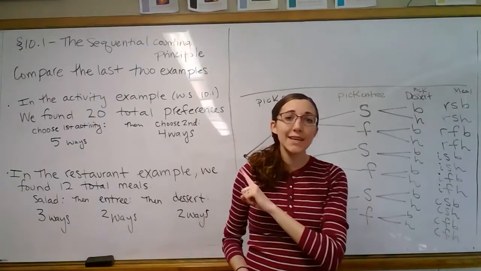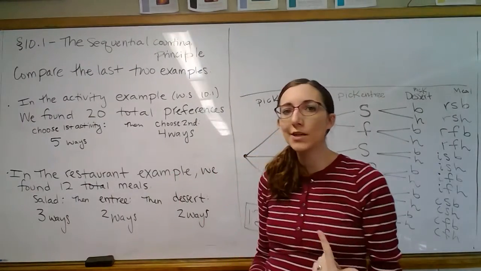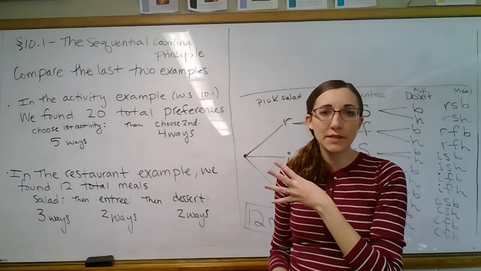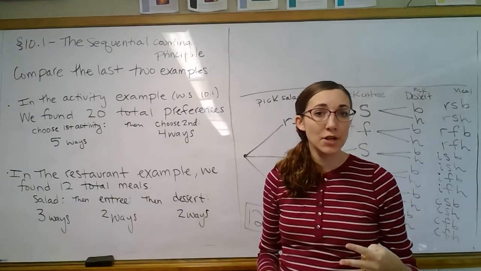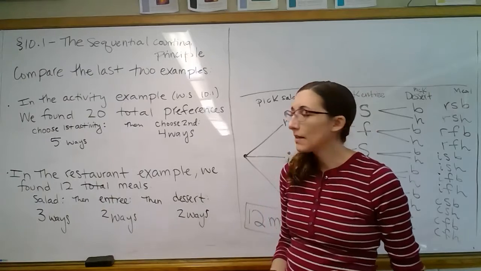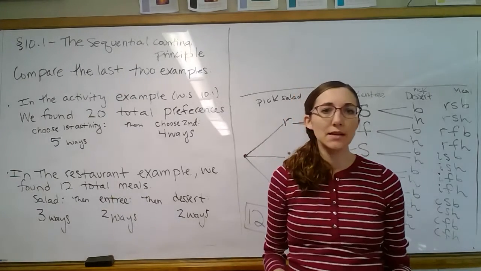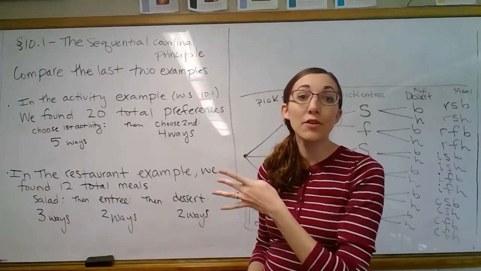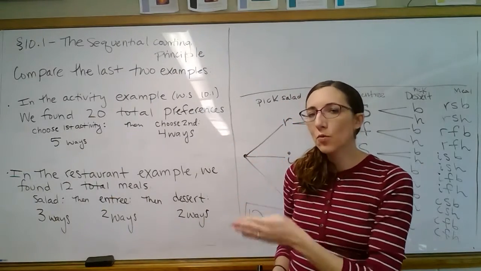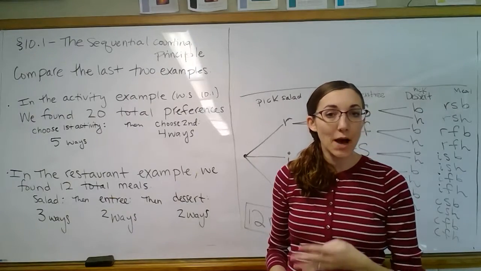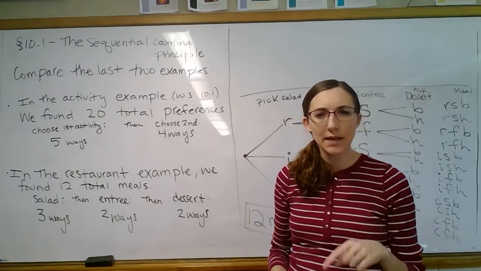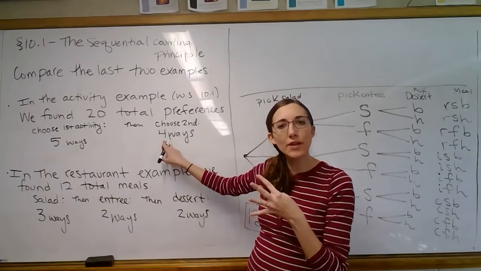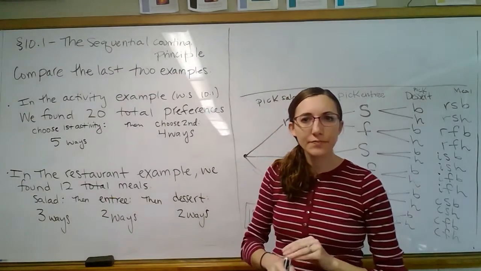Whereas in your activities one, depending on what you chose as your first activity, the types of activities that showed up after it changed because you couldn't list it again. Like if you had chosen sightseeing as your first choice of activity, you couldn't choose it again, so your list was the other 4 options. But no matter what, there was always 4 options. That part stayed the same. So that's a key thing here, right? It doesn't matter that these were a different 4 things every time. There was always 4 of them.